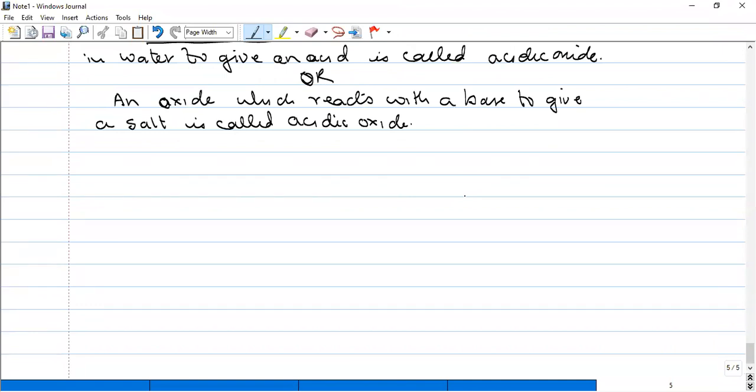Let's see. Sulfur dioxide reacts with water and forms sulfurous acid. Okay. It is an acidic oxide because it reacts with water and forms an acid.